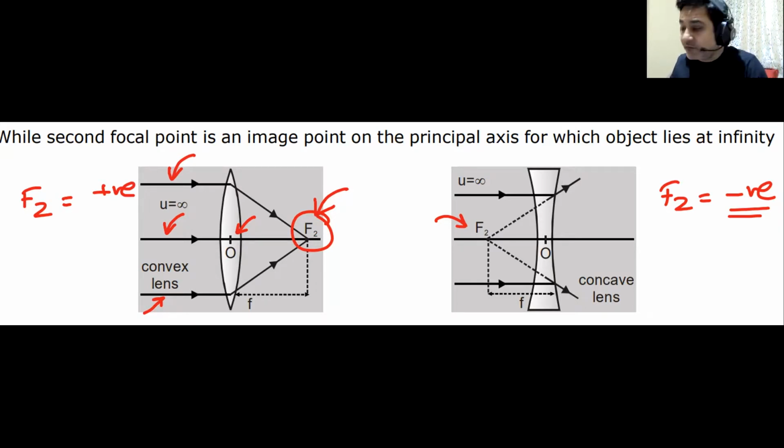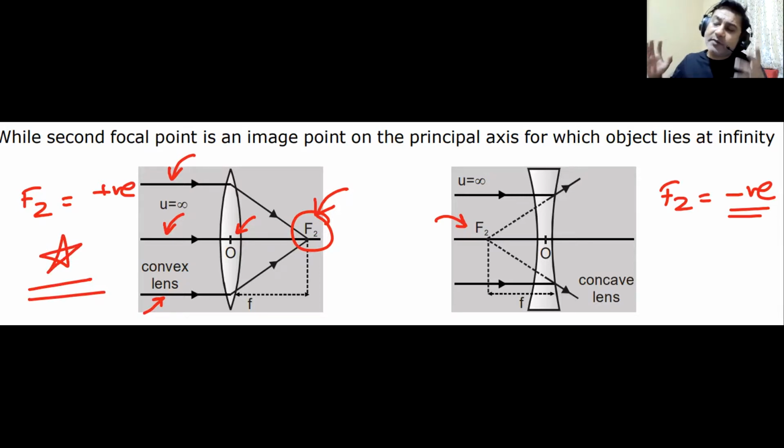And one more thing you have to understand: whenever someone talks about the focal length of a lens, we never ask which focal length. Every lens has two focal lengths, every lens has two foci.